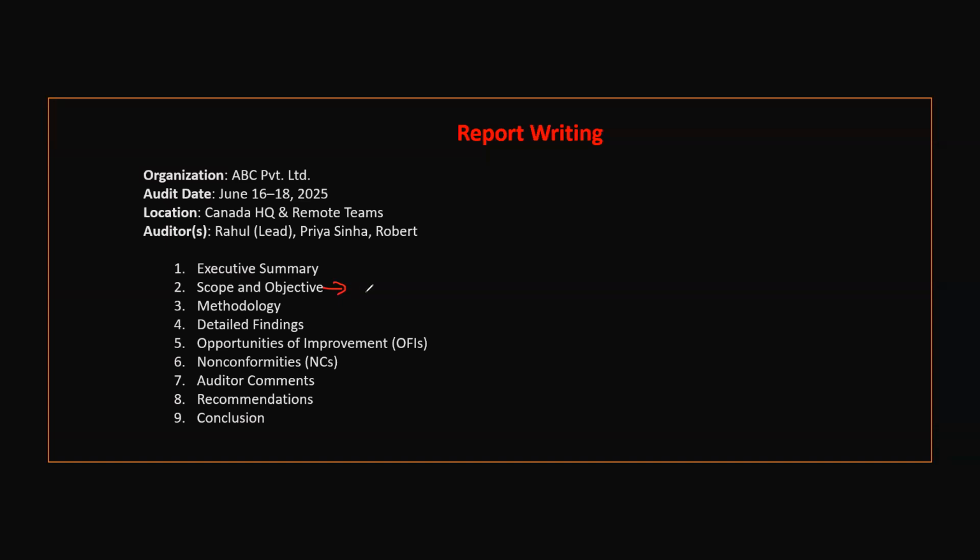Now, once the scope and objective have been filled, then comes the methodology. What methodology have you chosen? We did the document review first. Then we started collecting the evidence through interviews, observation, physical inspection, and record sampling, different approaches.